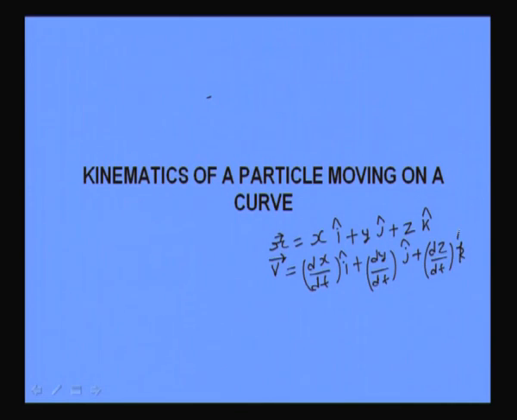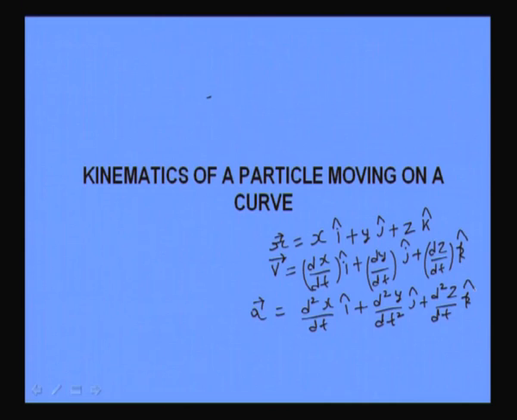Here x, y and z are known as functions of time. Similarly, the acceleration can be found out by d square x by dt square i plus d square y by dt square j plus d square z by dt square k.